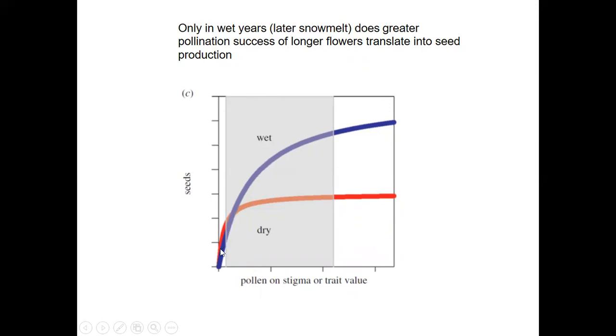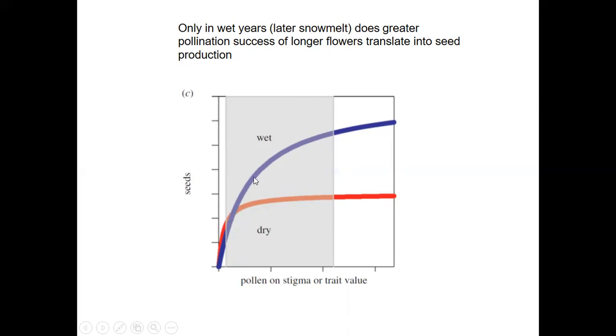So regardless of whether you have a wet or dry year, the amount of pollen on the stigma is going up with the trait value because those larger flowers are more attractive to pollinators, but only in a wet year can that continue to high levels of seed production. In dry years, it levels off very quickly.